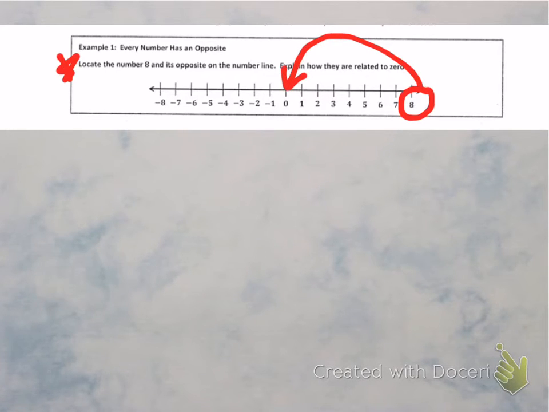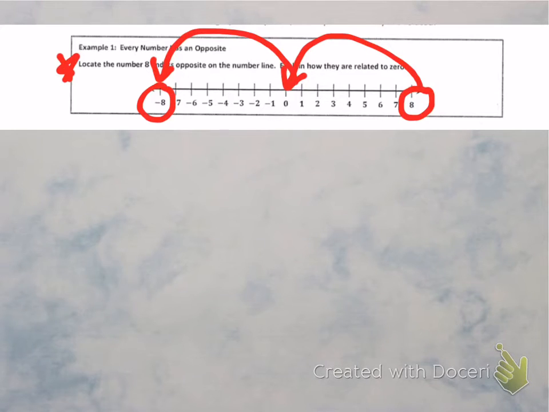The opposite would be 8 more spaces in the opposite direction of 0, and that would give us -8. So how do we explain opposites? In this case, there are 8 units from 8 to 0, so we go 8 more units on the opposite side of 0.